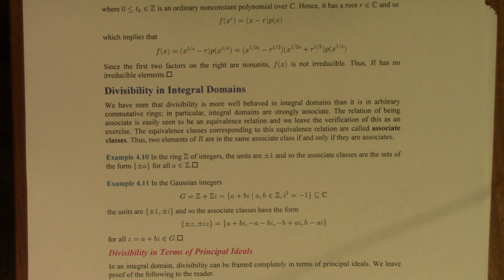The relation of being associate is easily seen to be an equivalence relation, and I'll leave that for you, and the equivalence classes are known as associate classes. So, in short, two elements are in the same associate class if and only if they're associates.